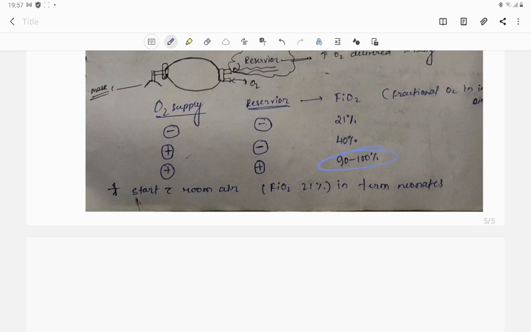Let's come to some of the other things that are asked and that are important in case of this, right? So the rate of oxygen delivery is about 40 to 60 breaths per minute, right? This is the first thing that we have to keep in mind.